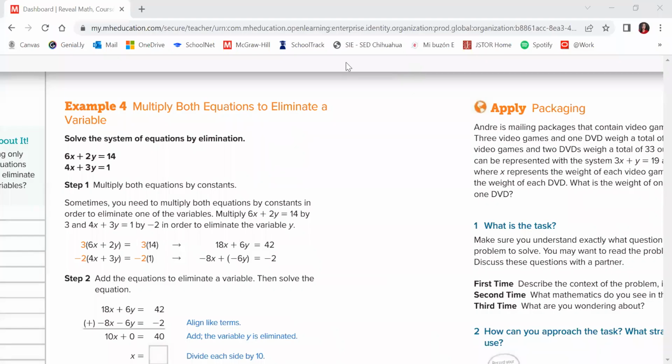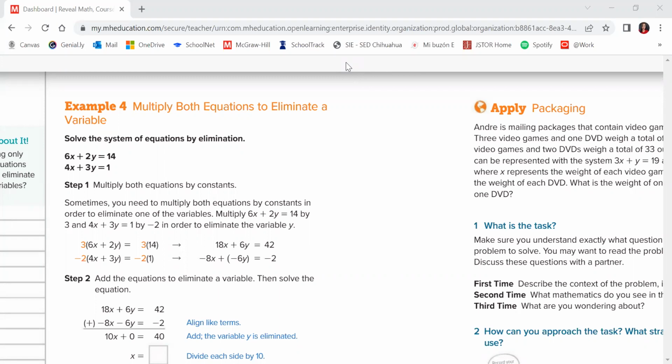Okay, now let's see example number 4. Sometimes multiplying one of the equations is not enough to eliminate one of the variables. So we must multiply both of the equations to be able to eliminate one of the variables. Right here, the objective is to leave the same term or the opposite term.